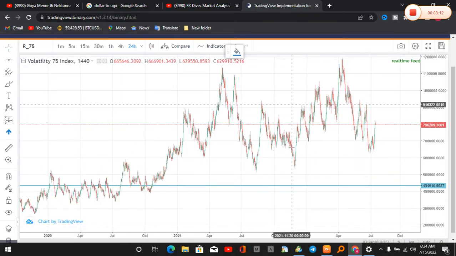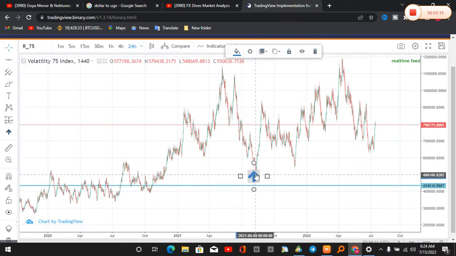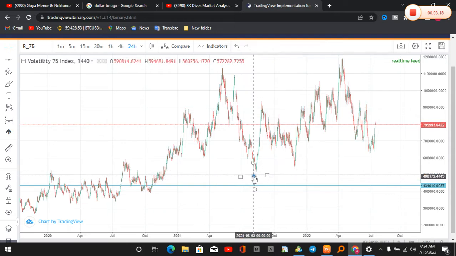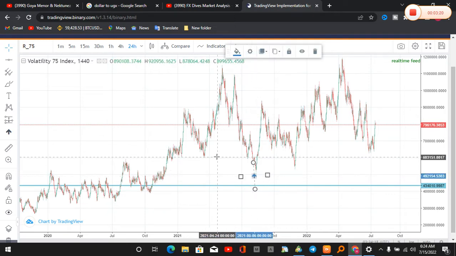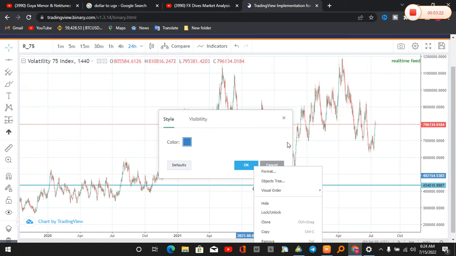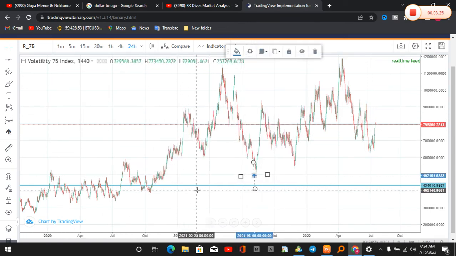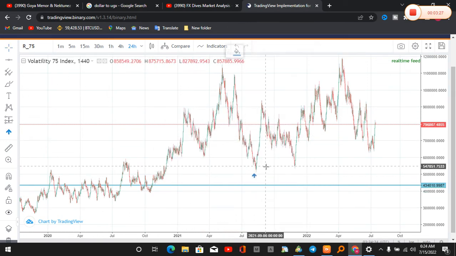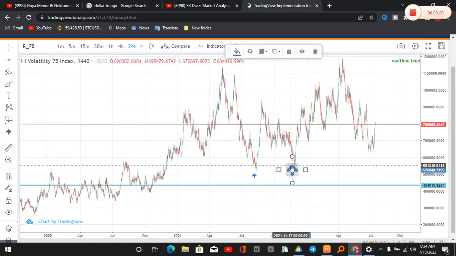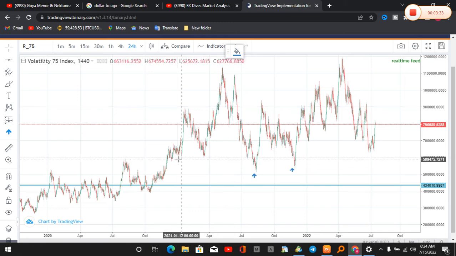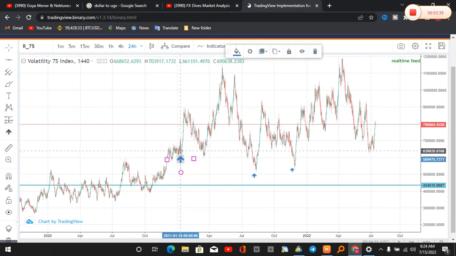So when you see there is this level, let me lower it a little bit. There is that level. I can see also there is another level here. I can see there is another level here.